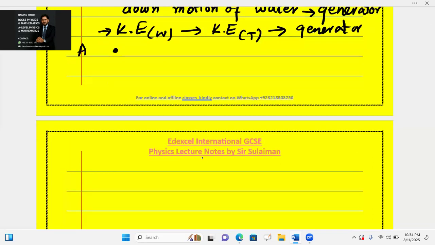The benefits, or advantages, are that it is renewable and it is pollution free.